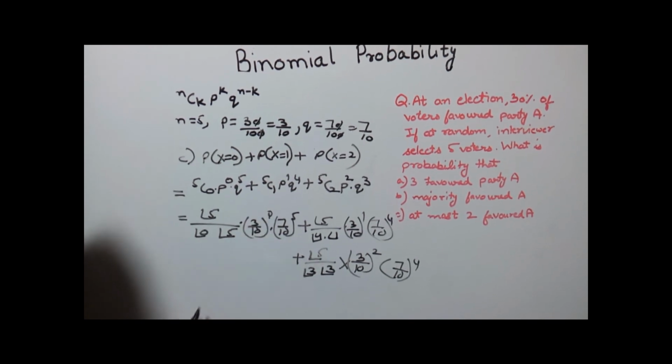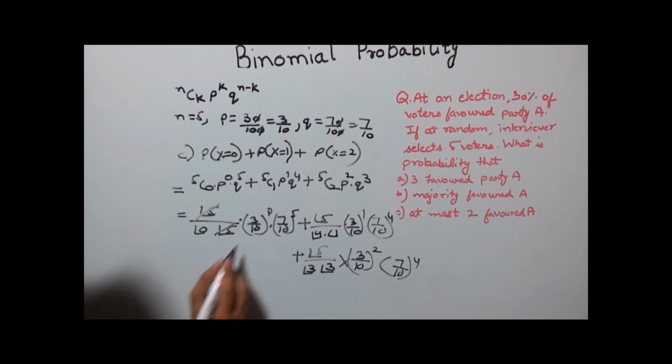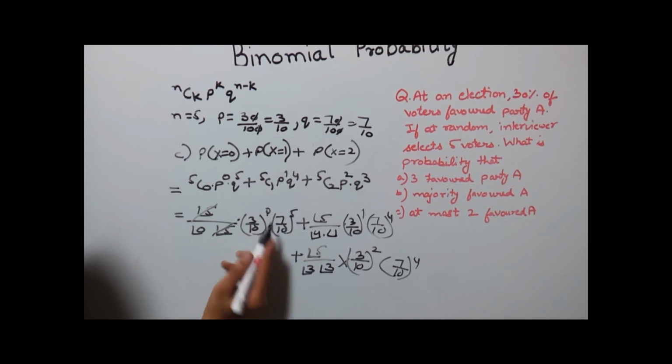Here it will be 0. So 5 cancels 5. We get 3 by 10 to the power 0 is 1.